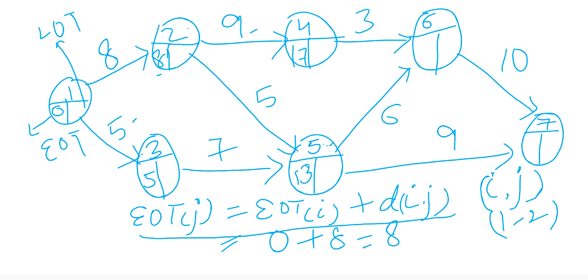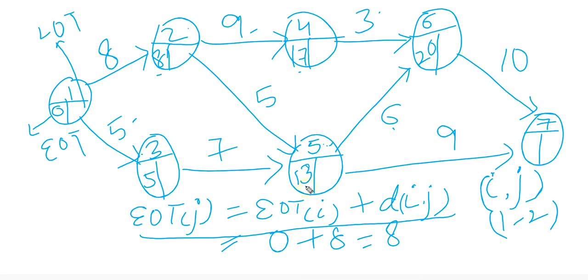Now again, to move to 6, I have two ways, from 4 to 6 or 5 to 6. Again, I will choose the longest path, that is 17 plus 3, 20, or 13 plus 6, 19. So I will choose the longest one, that is 20. Now to reach 7, again I have two ways, that is 5 to 7 or 6 to 7.